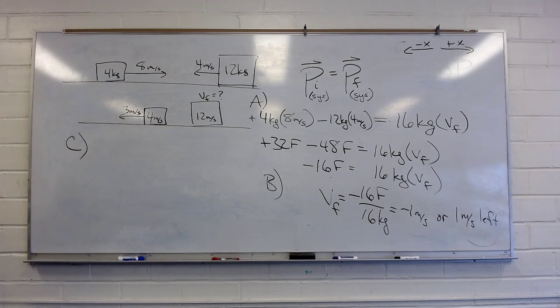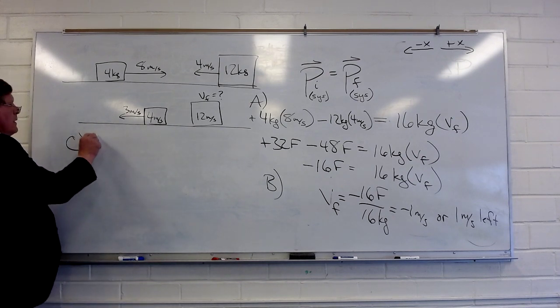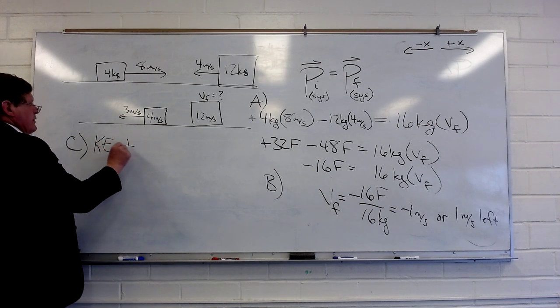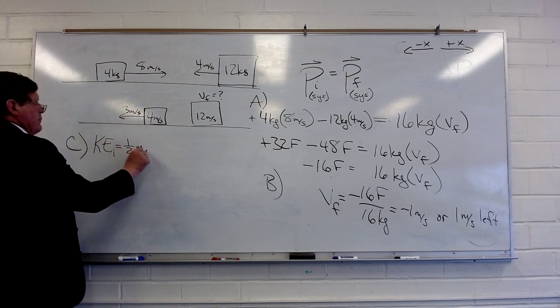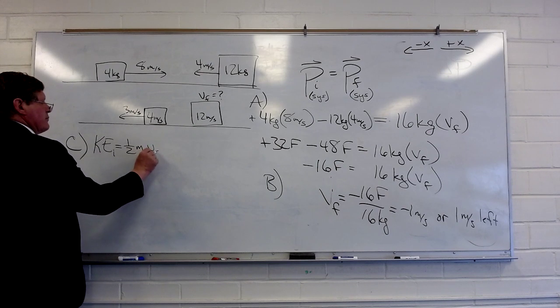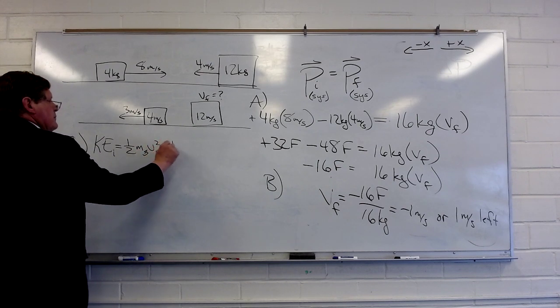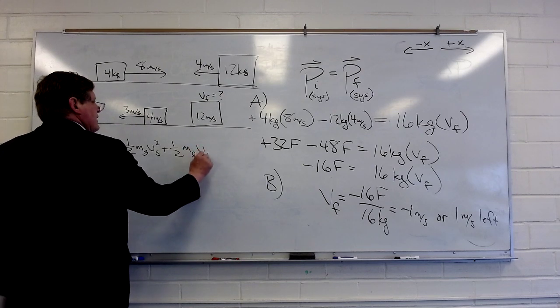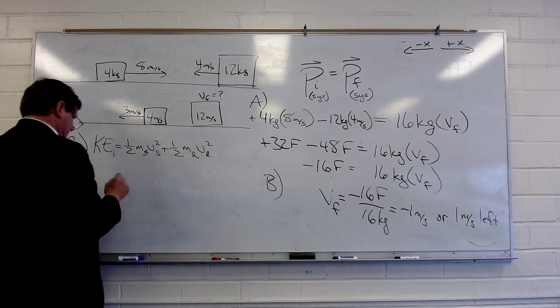Part C asks us to find the change in kinetic energy in this second collision. Well, the initial kinetic energy is just going to be 1/2 times the mass of the small car times the velocity of the small car squared, plus 1/2 times the mass of the large car times the velocity of the large car squared.